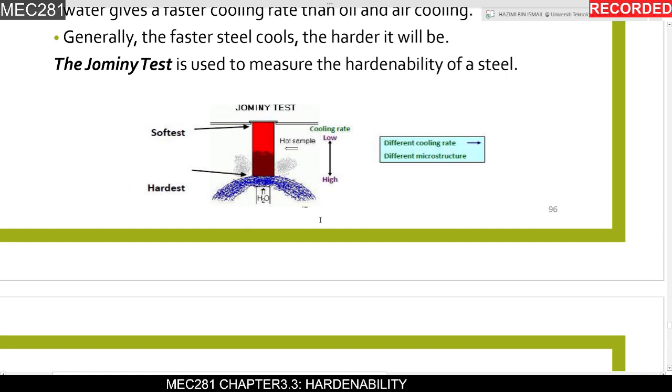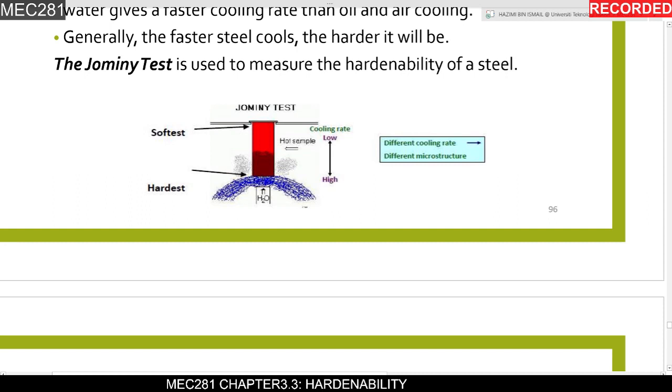So this is a diagram of how a Jominy test works. This is the quench end, one end of the two ends. The other end is here. Only one end is quenched by water or any other cooling medium. In this case it is written H2O, so this is the water. After it is heated, it is rapidly cooled here, so the martensite will form around here.